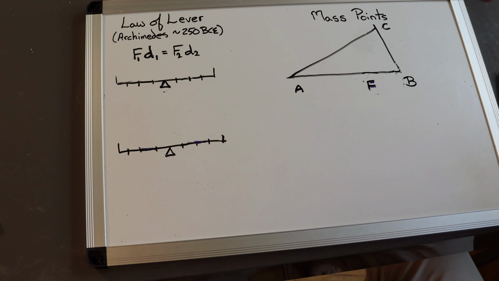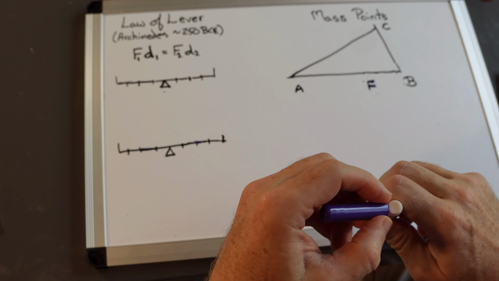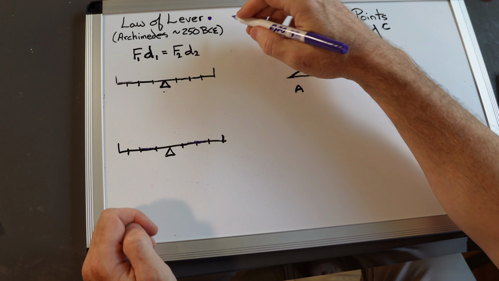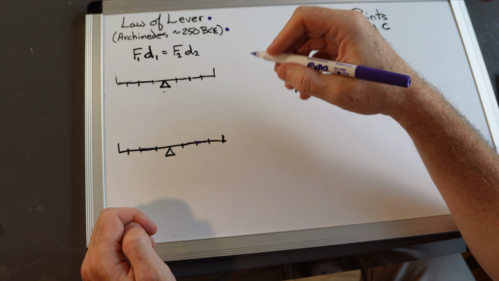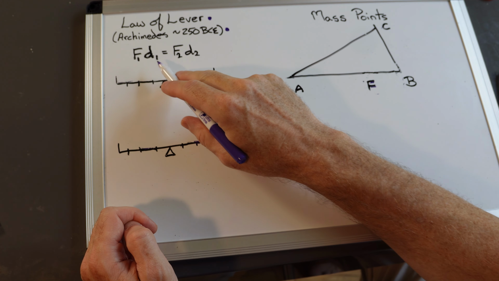We can construct the center of mass using the law of the lever. Around the year 250 BCE, Archimedes stated that for a lever to balance, the product of force and distance on each side must be the same.